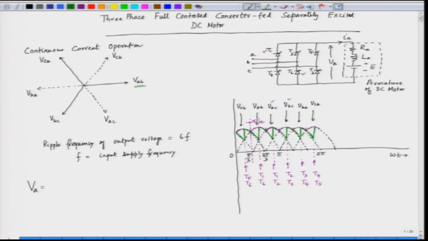So, we integrate from pi by 3, because this angle is pi by 3 here. We are delaying it by an angle alpha, and then this continues till 2 pi by 3 plus alpha, because every delay is alpha. So, we are basically integrating over this region.